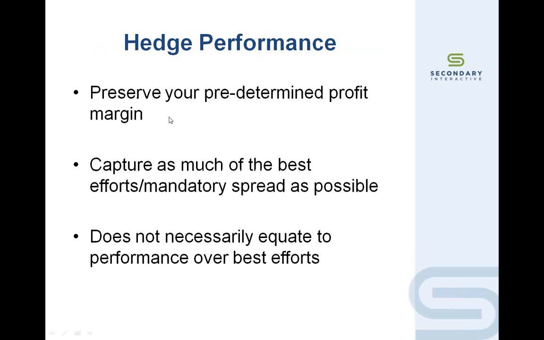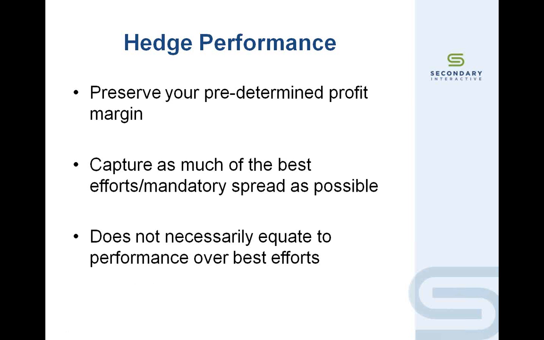So our goal in any hedging program is to what we call preserve your predetermined profit margin. So if you price $1.50 into that loan, at the very least, we want to make sure we preserve that, and then capture as much of the best efforts mandatory spread that the market will make available to you. It doesn't necessarily equate to the performance over best efforts.